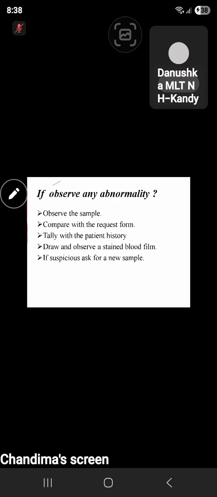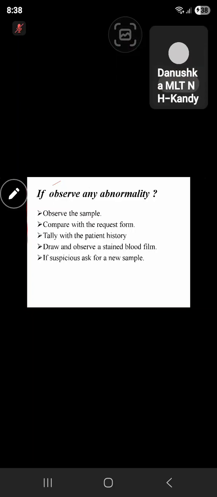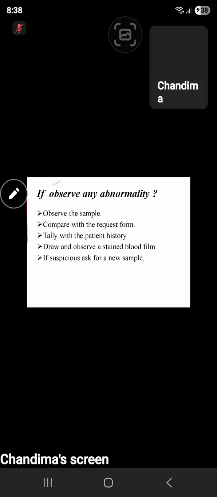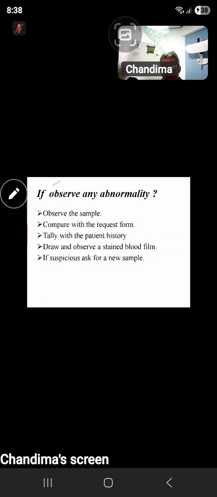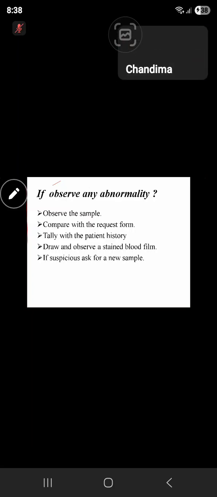What are the notifications in the blood picture? Not the full blood count, I'm asking regarding the blood picture. In the observation of the blood film, you can see the red cells are here and there, not packed together. The red cells are spread out in different places, and the platelets are very minimal.